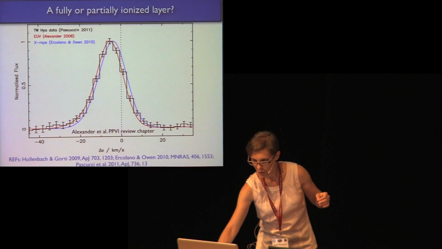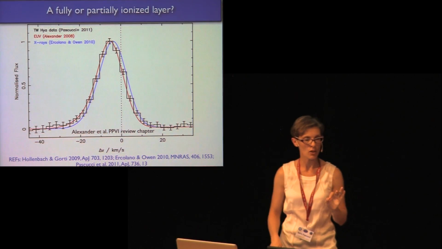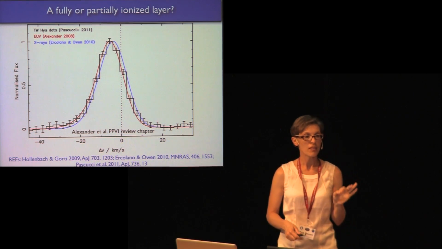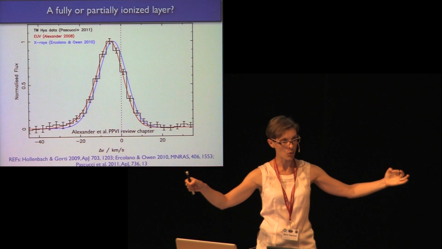If you remember the talk of Sylvie Cabri, typically those velocities are higher. If you look at the profile here, we are talking about 5 kilometers per second blue shifts. And if you want to go to such low velocities in their model, you have to go very far out from the disk.